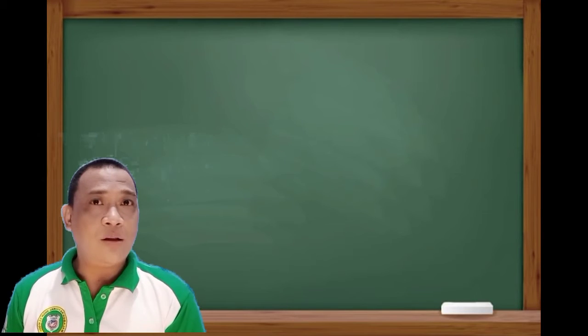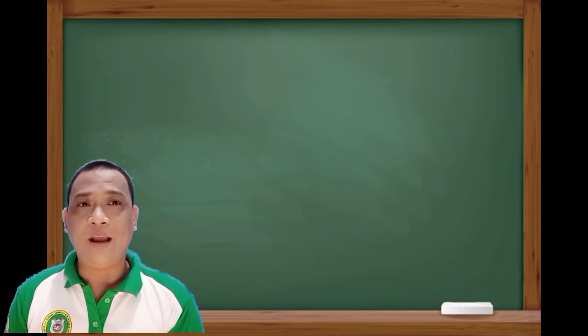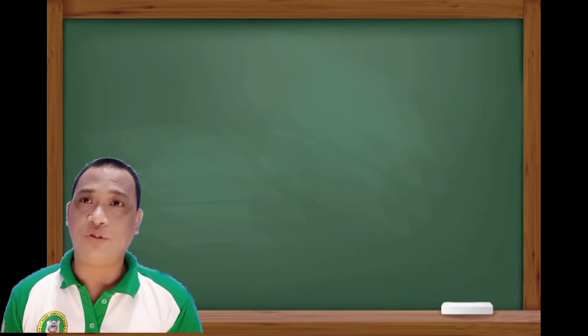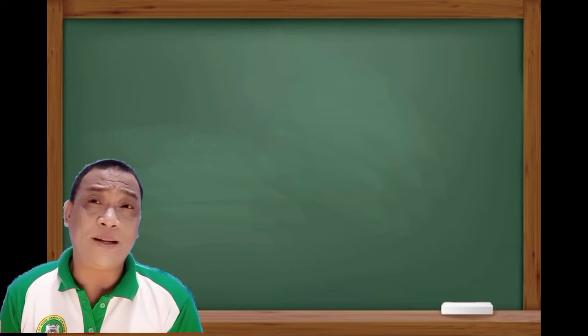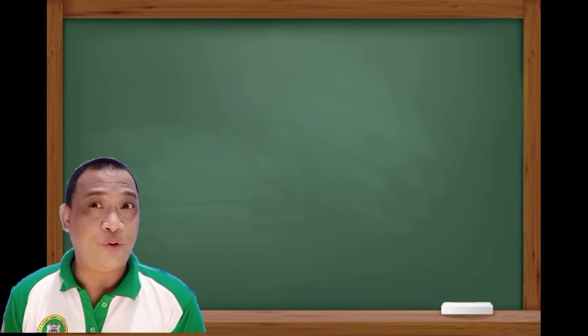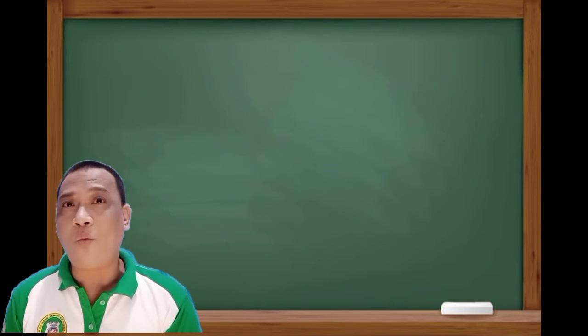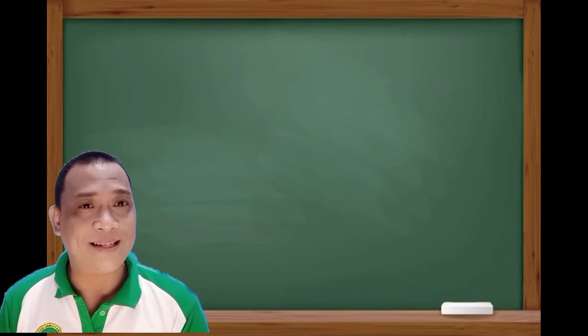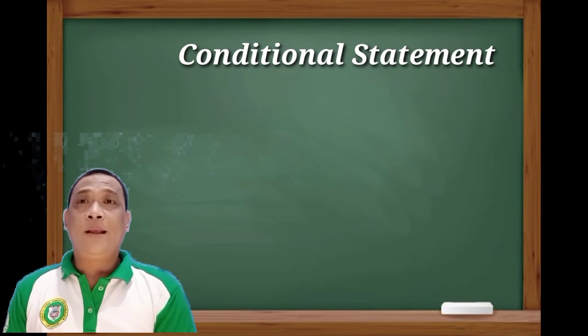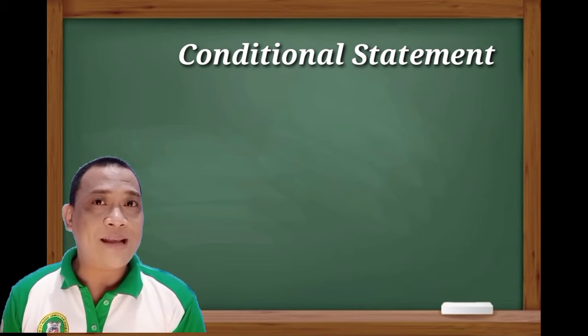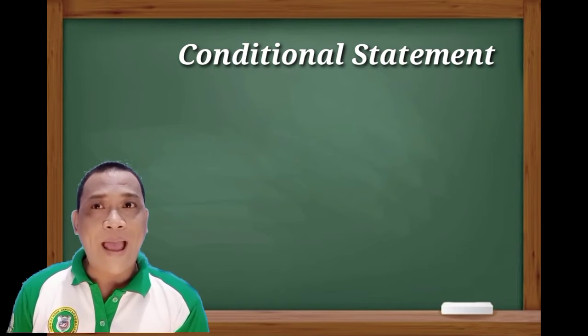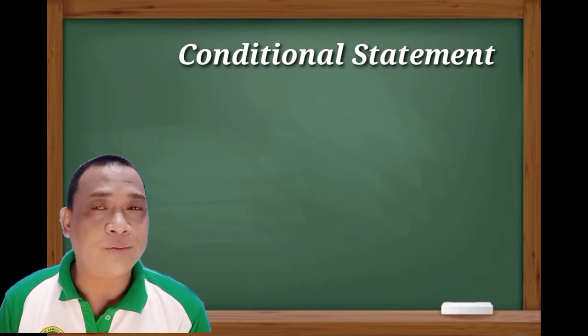What we have done in our previous activity are examples of conditional statements in the form of if-then statements. First, let's define what a conditional statement is. If we say conditional statement, it gives us a condition to come up with a conclusion.